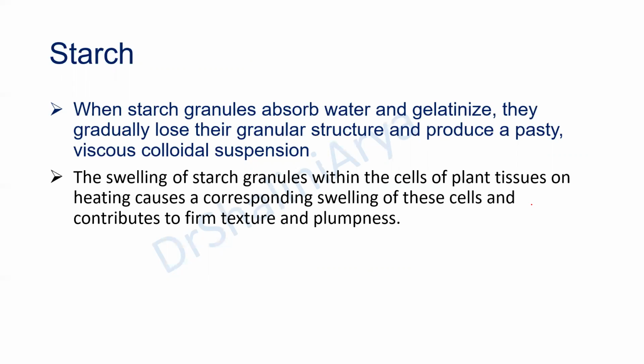Any starch has a property to absorb water, and the moment it absorbs the water and is under heat, it gets gelatinized. Each starch has a different gelatinization temperature. After absorbing the water at a specific temperature, it gelatinizes, and because of the gelatinization, it loses its granular structure and produces a pasty, viscous colloidal suspension.